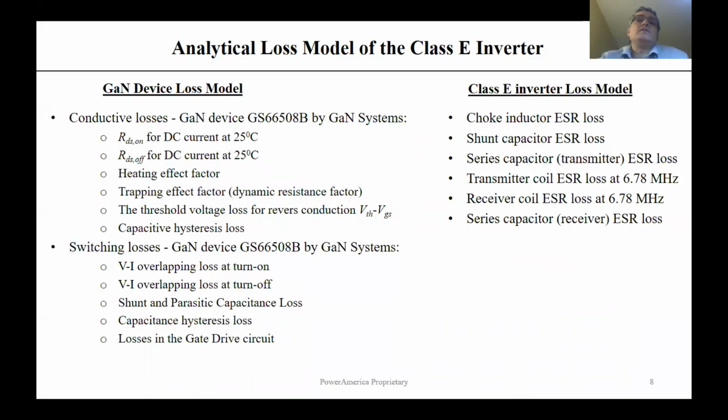This is a 650-volt device. Also, we modeled the losses in reactive elements, including the parasitic equivalent series resistance related losses, as well as the losses related to magnetic fields.